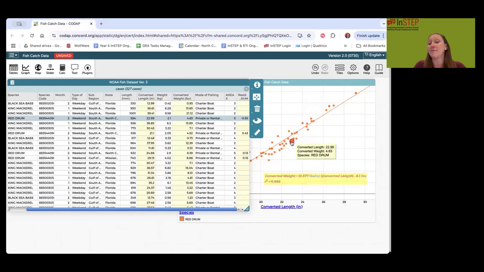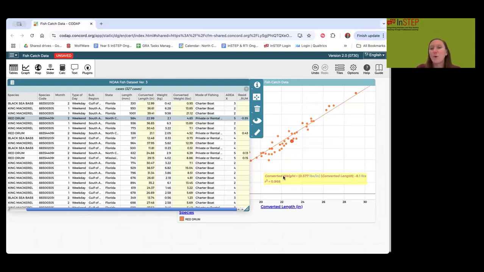And so it would be a negative value being below the line. And it means that the line predicts the weight of this fish to be 0.55 more than what we actually observed.